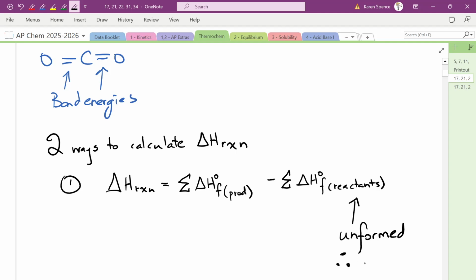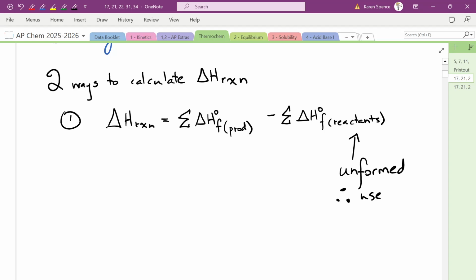Therefore, use the opposite of delta H naught F, which means negative delta H naught F. Does that make sense? And by opposite, we mean the opposite sign.